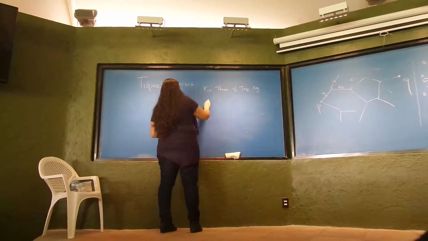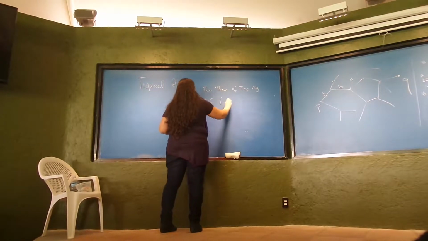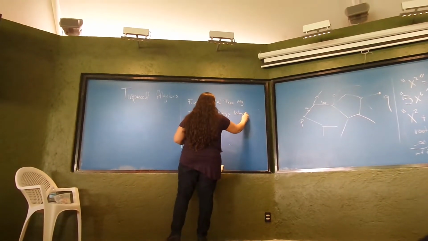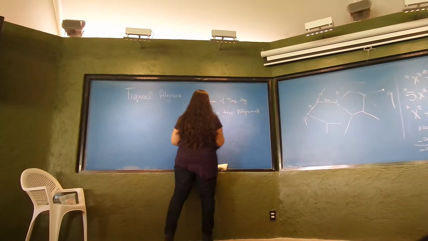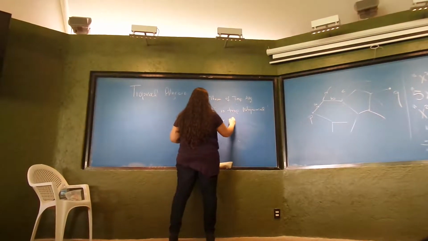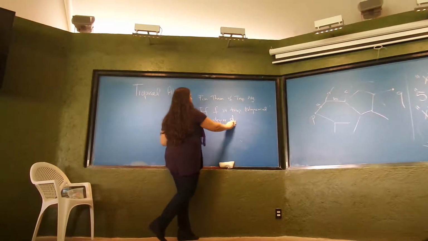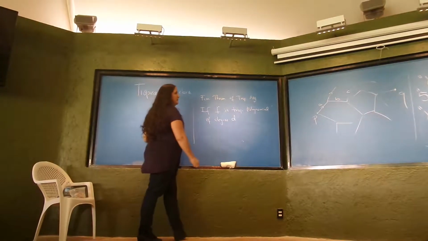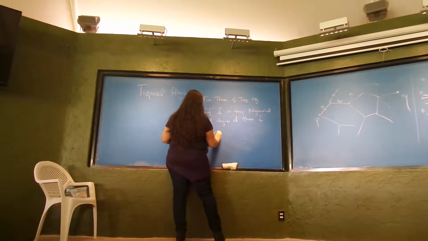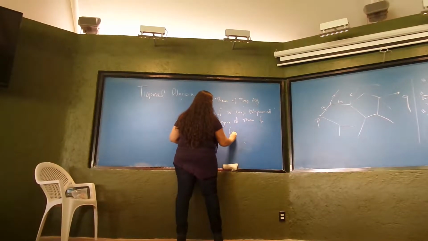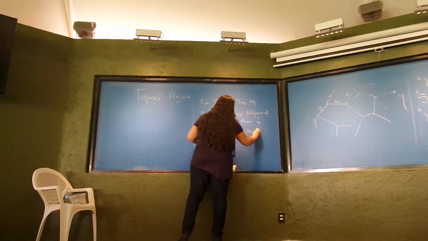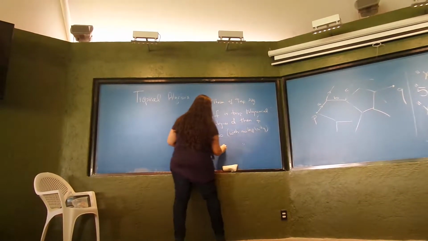It says that if f is a tropical polynomial of degree d, well, the degree is exactly the usual one, then f has d roots counted with multiplicity.